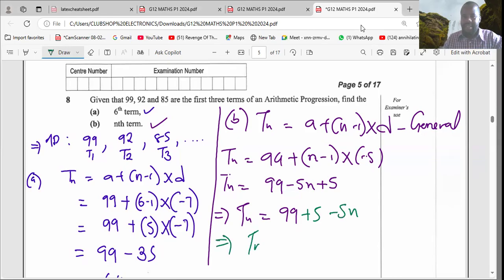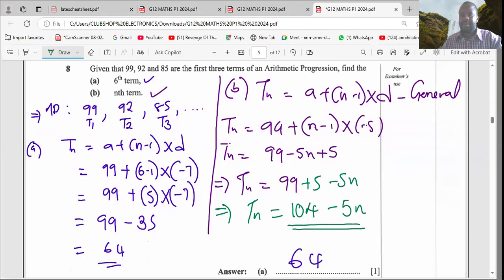So Tn is equal to 106 minus 7n. This is our general solution.